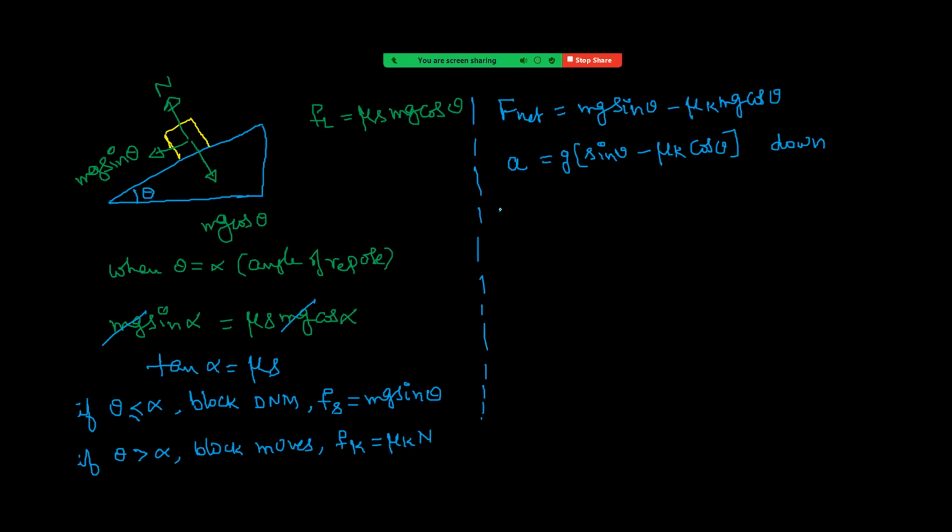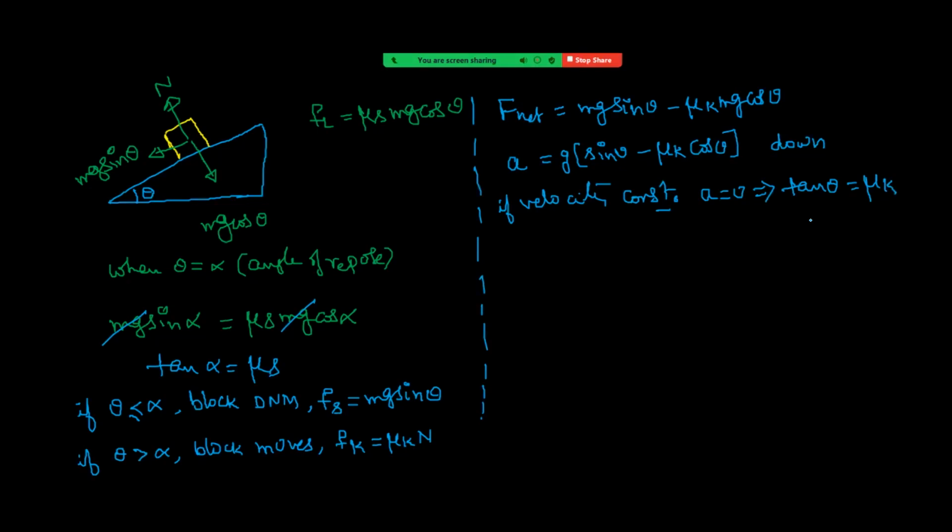So if velocity is constant, a is 0, which means sine theta equals mu k cos theta, or tan theta equals mu k.